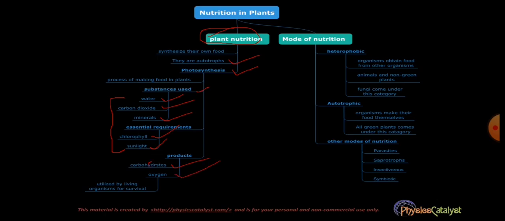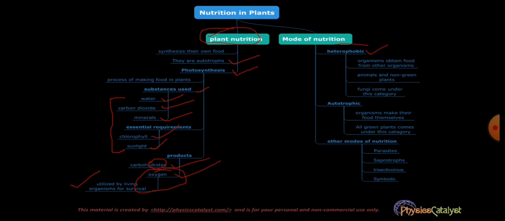The spelling is wrong here, so please correct it. The oxygen released is utilized by living organisms for survival. Understand?